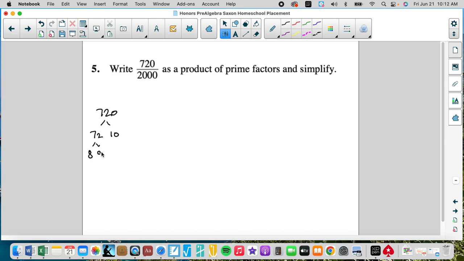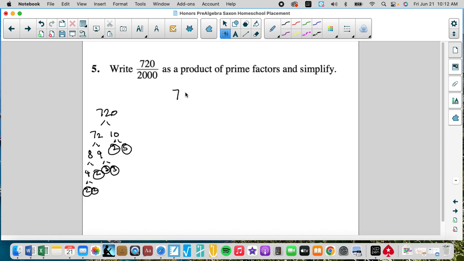We have 8 and 9. These are not prime numbers, so we're going to have to keep breaking those down. 4 and 2. 2 is prime, 4 is not prime. I circle the primes just to know that we're done. 9 can be broken into 3 and 3, 10 can be broken into 2 and 5, those are prime.